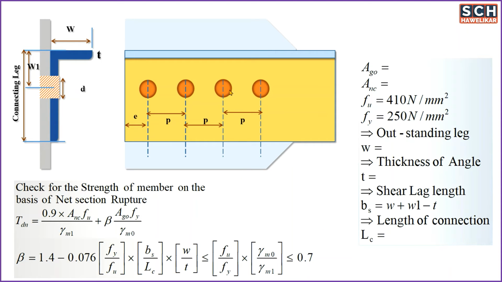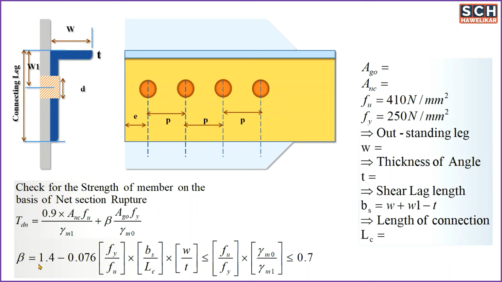For 4 bolts, the length of connection will become P plus P plus P plus E, or 3P plus E. If the number of bolts is 3, it will become 2P plus E, whereas if you are providing 5 bolts, it will become 4P plus E. This is related to the net section rupture.